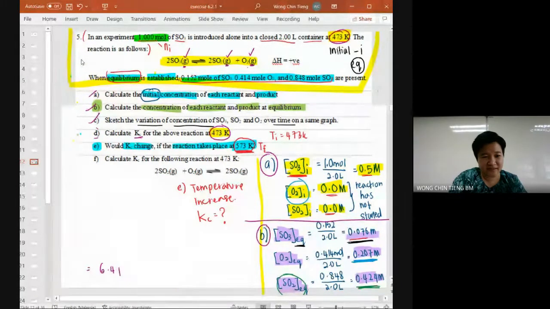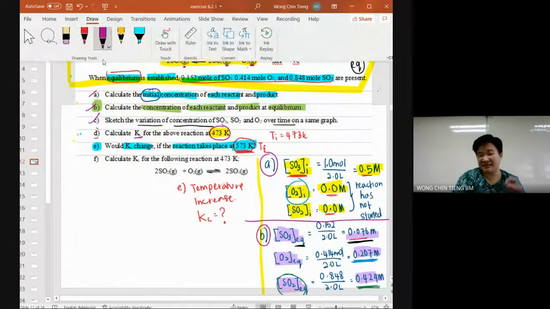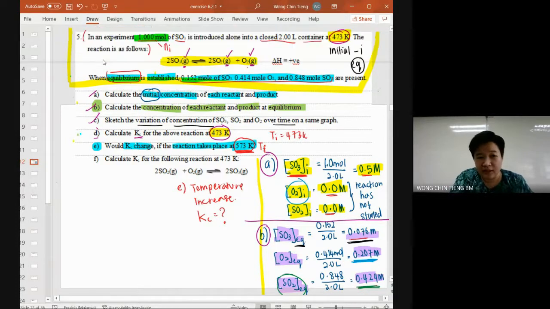Okay. A bit of conclusion for you. Biasa saya memang tak ajar macam ni, biasa saya akan ajar detail, but because you are having your objective, so saya nak bagi conclusion, saya nak bagi summary. Okay? The only time that your Kc, Kp will change is when temperature change.